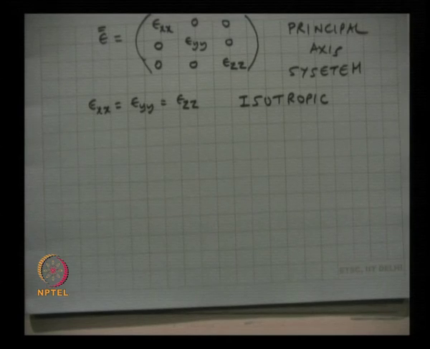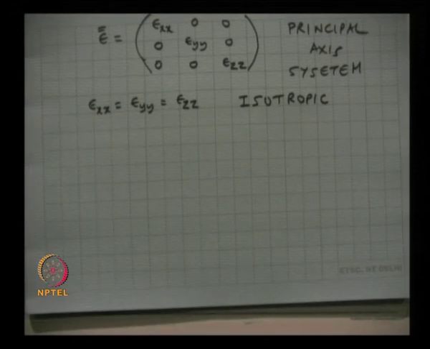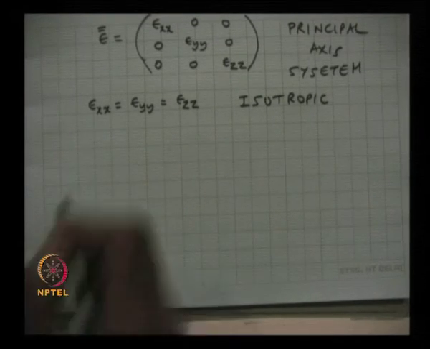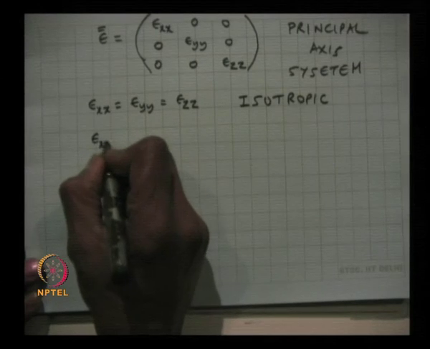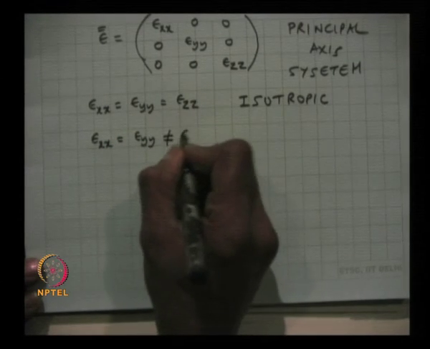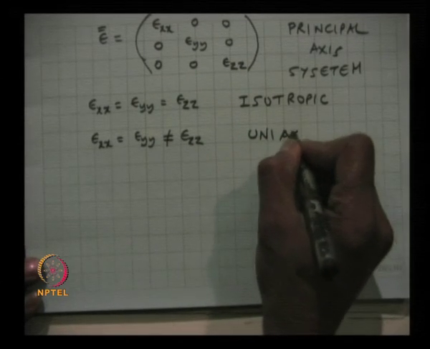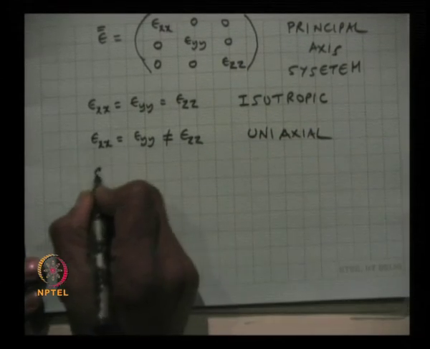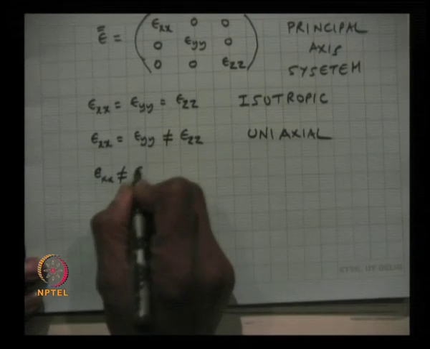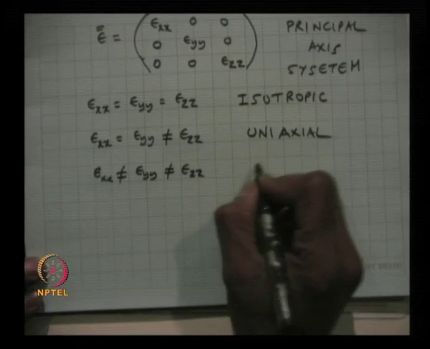These are called the principal dielectric permittivities. If all the 3 principal dielectric permittivities are equal, it is called isotropic. If 2 of them are equal and not equal to the third one, this is called uniaxial. If all 3 are unequal, this is called biaxial.